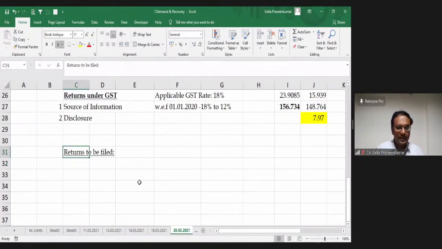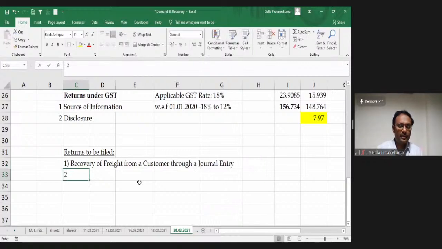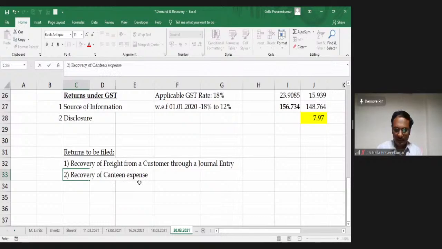Say there's one transaction of recovery of freight from a customer through a journal entry. Two, recovery of canteen expense from a vendor through reduction in their supply bill.